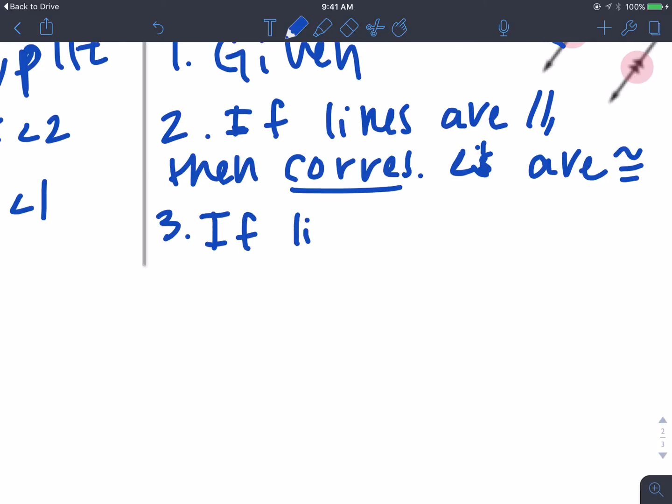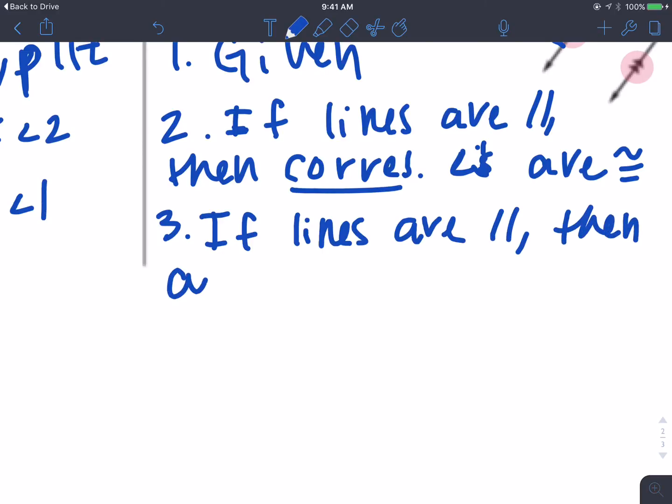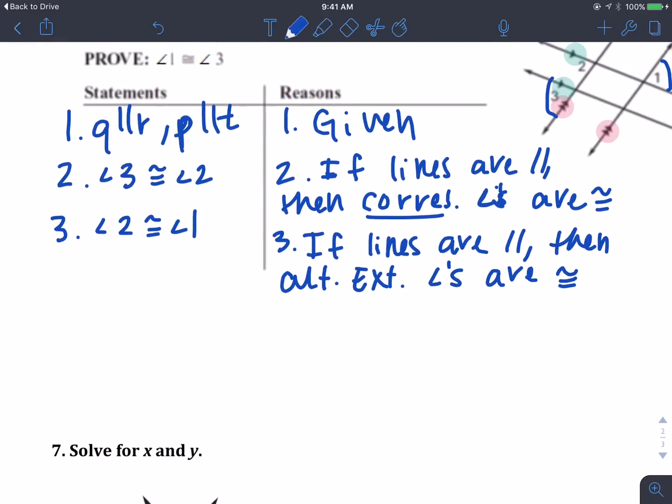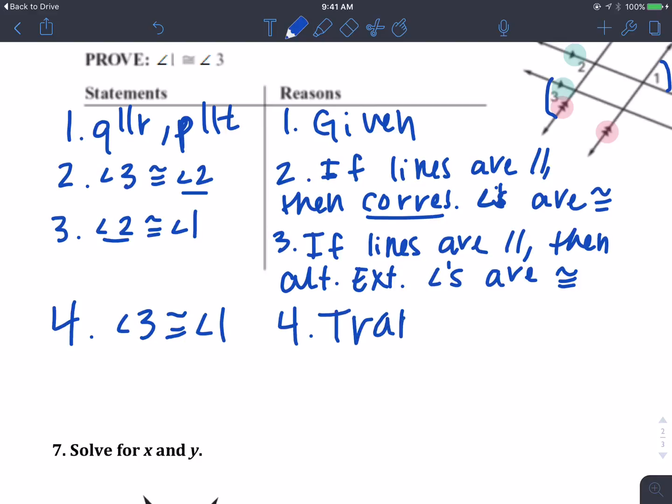So if lines are parallel, then alt X angles are congruent. So now I've said everything I can say from the picture, so I just need to try and connect together some of my steps. So 3 is congruent to 2, 2 is congruent to 1, so they're all connected in a train. So to cut out that middleman, I can say that angle 3 equals angle 1, and that is because of our transitive property.